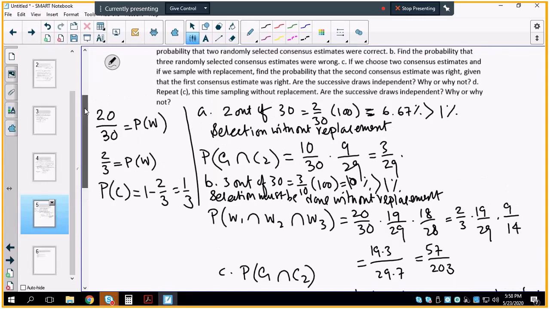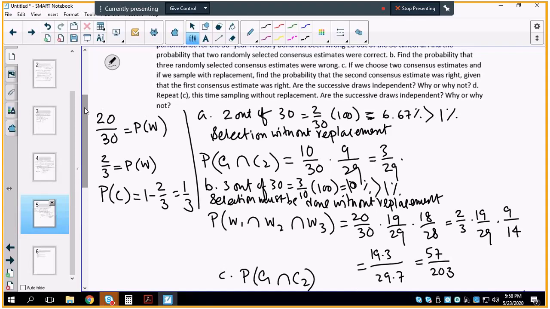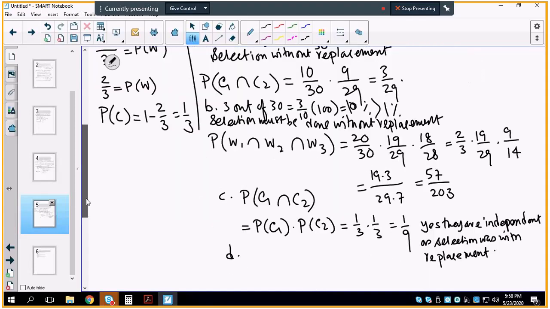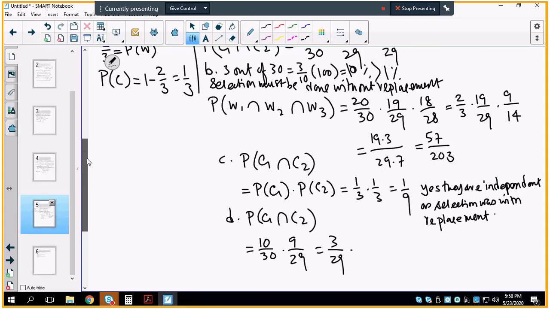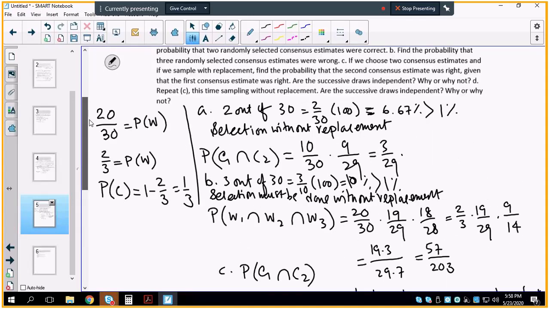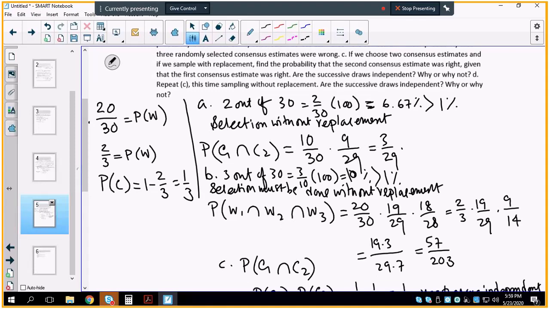Question D. Repeat C, this time sampling without replacement. We did it already in part A. So this time, the probability of C1 intersection C2. Again, remember, 10 of them are good the first time you draw, and then 9 of them are good, so you get 3 over 29. And finally, it is asking you, are the successive draws independent? Why or why not?